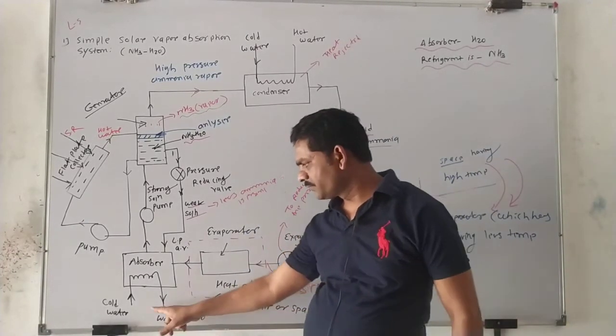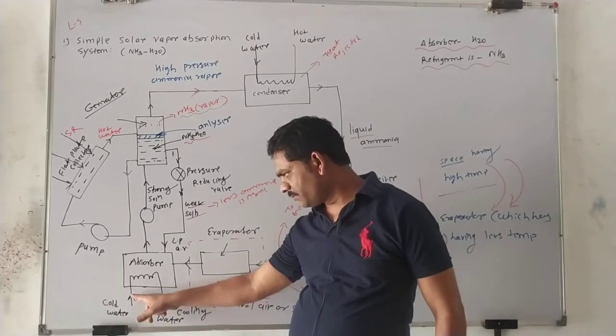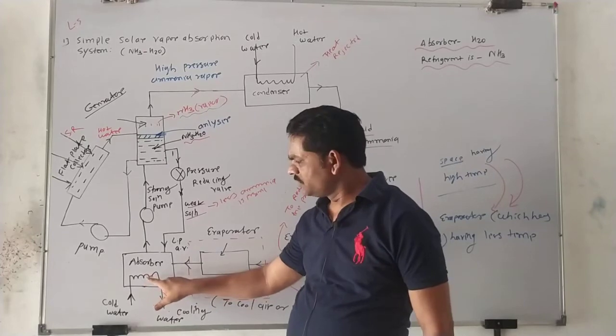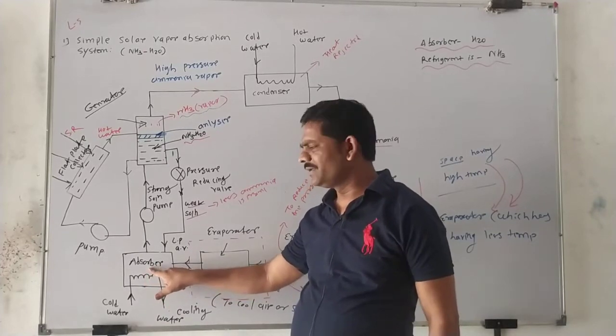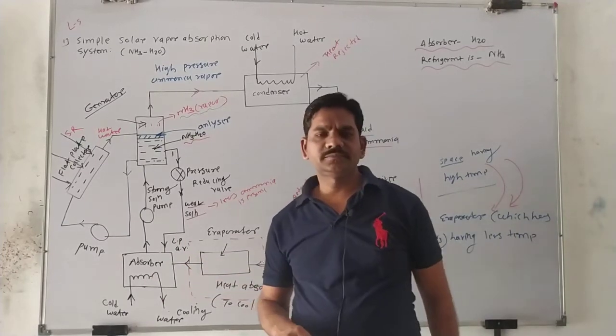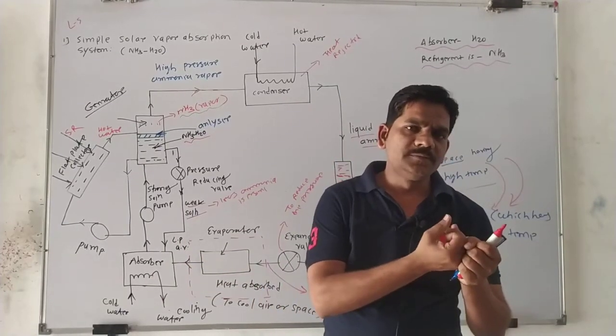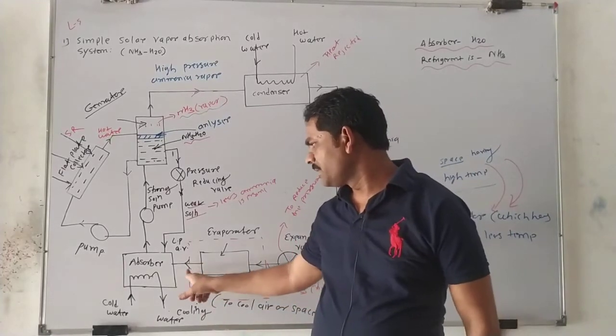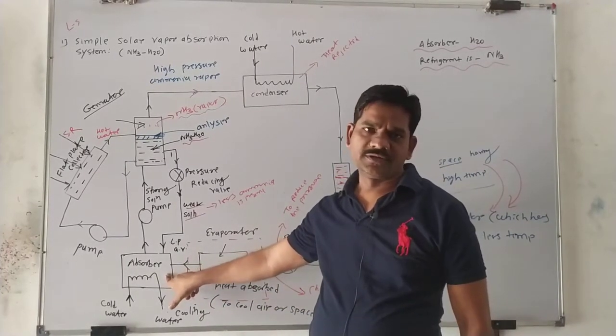So what do we do here? Once again from the cooling tower we circulate cold water through this pipeline. This cold water maintains the very low temperature of the absorber, so that the absorber absorbs a large amount of ammonia vapor from the evaporator.